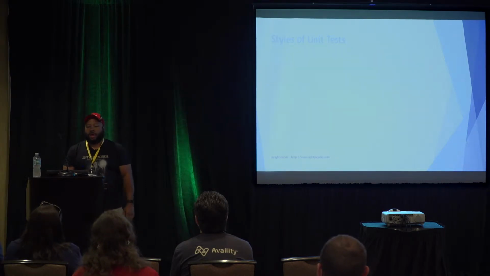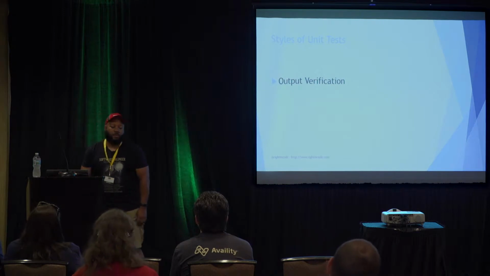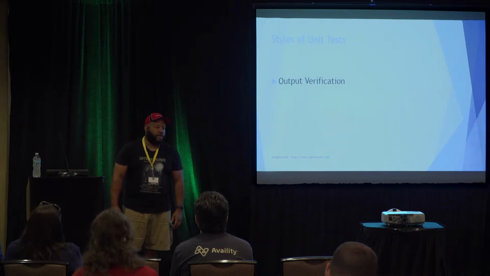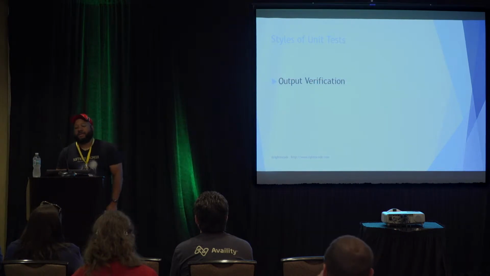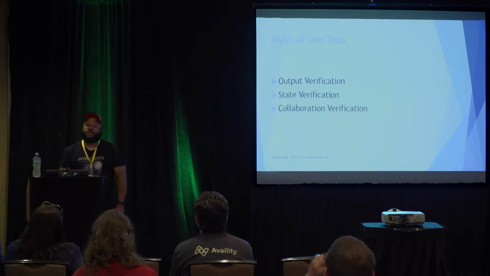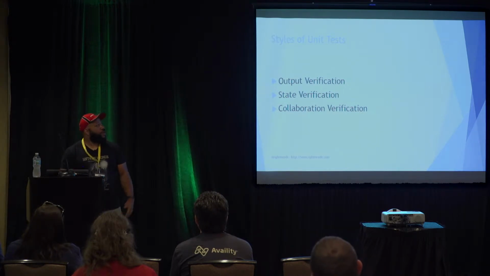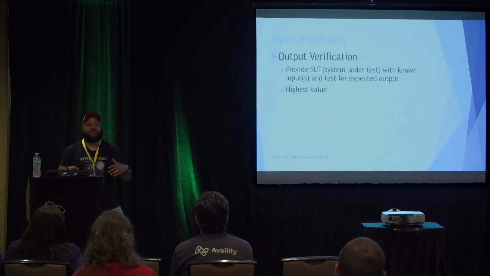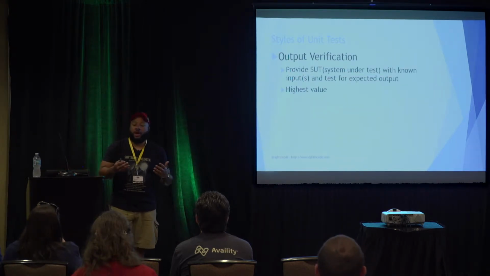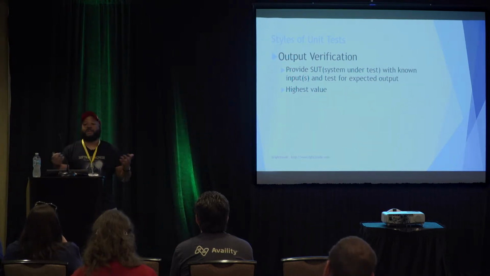So there are a few styles in unit testing. The first style is output verification, and I have a couple slides on that, so we'll get into that. Then there's state verification, and then there's collaboration verification. So what are those styles? Well, output verification simply means that your system under test is going to have a set of inputs, and we have an expected output.